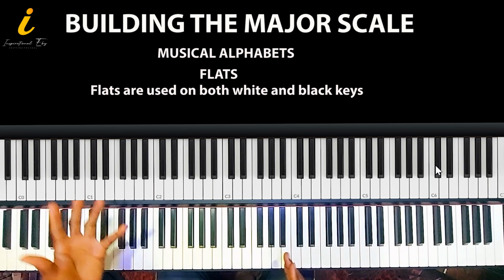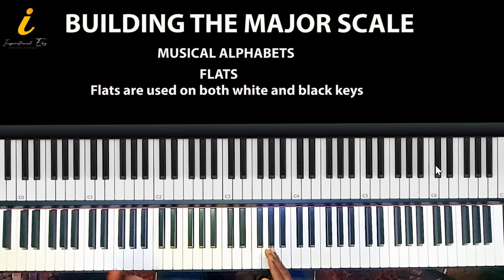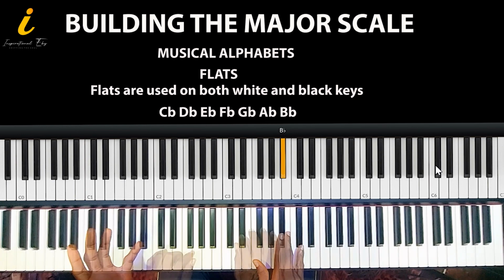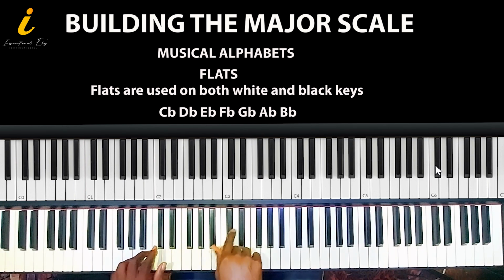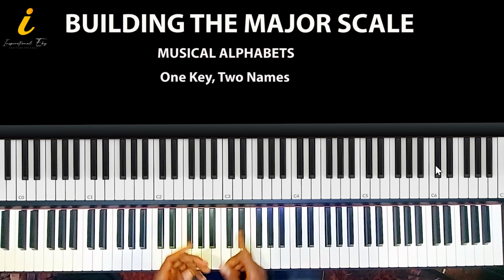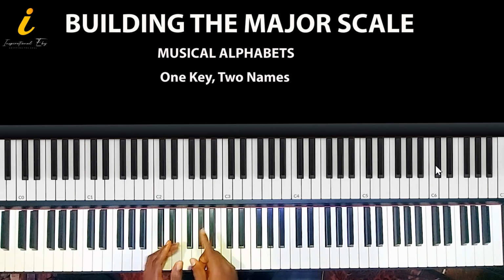And so we have named 7 flats. So what are the 7 flats, right? We have C flat, D flat, E flat, F flat, G flat, A flat, B flat. Are you seeing it? 7 flats. So notice that the use of sharps and flats has made some keys to have more than one name, right?